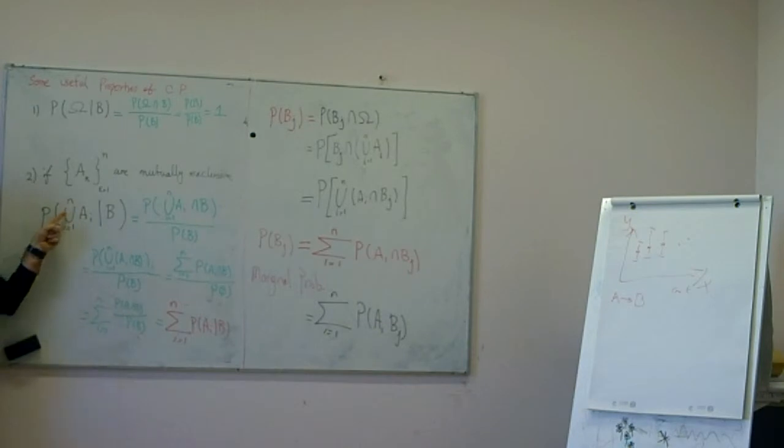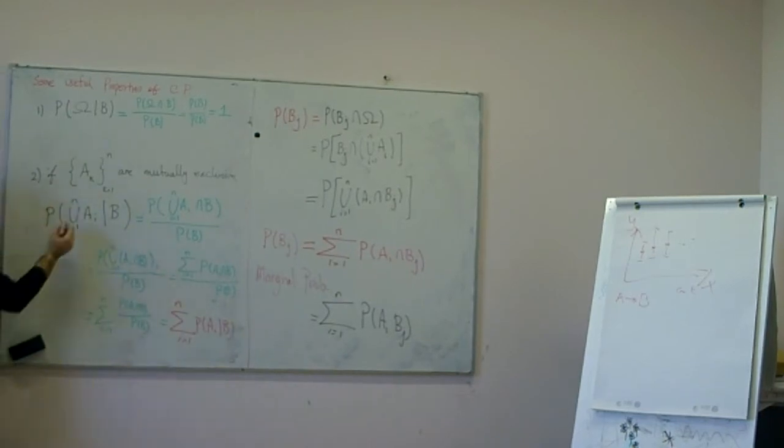So, the probability of the union of Ai's given B, look how we can write this one.